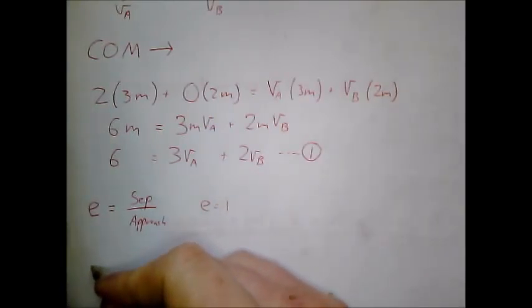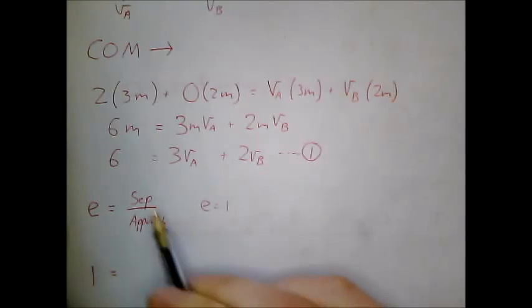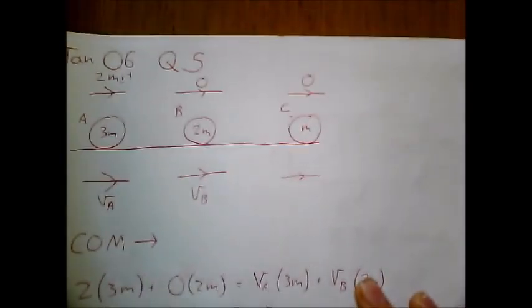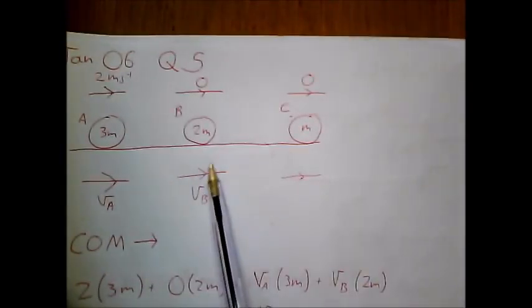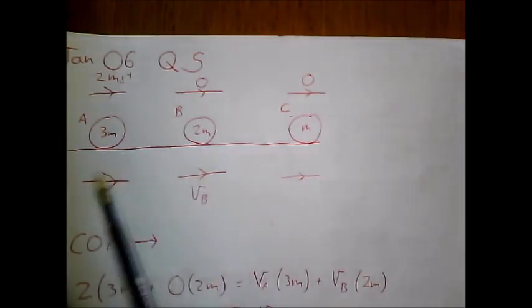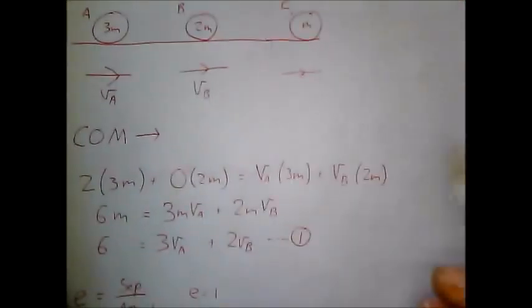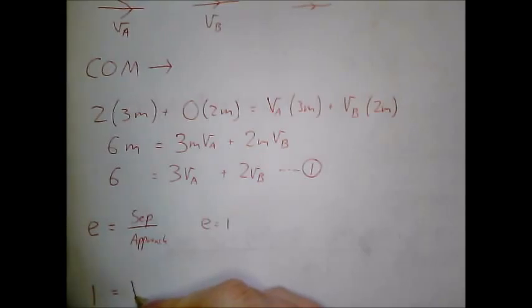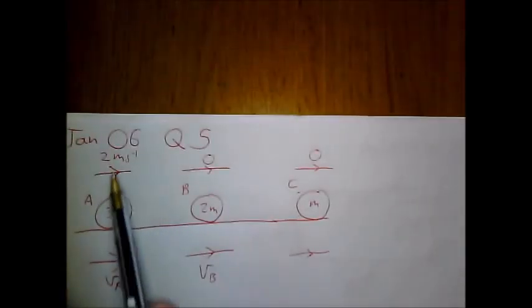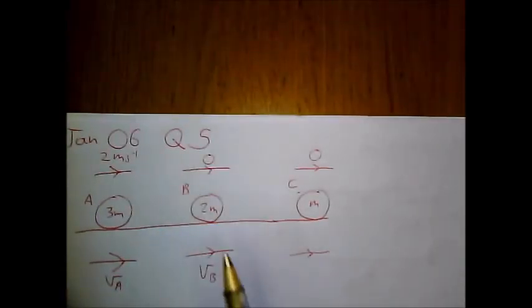So 1 equals the separation speed, VB minus VA, over the approach speed, which was 2 meters per second.